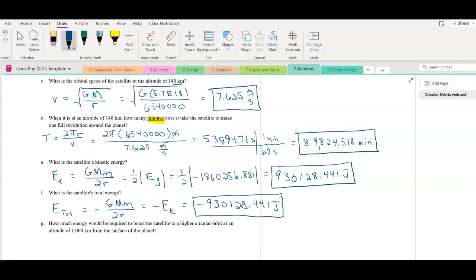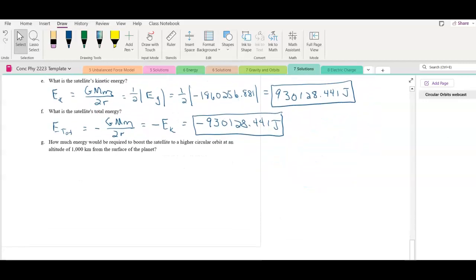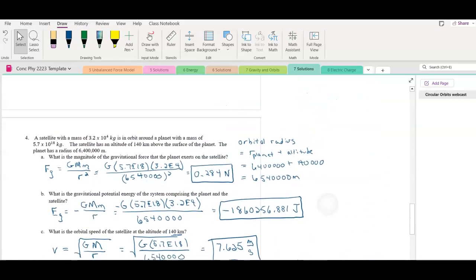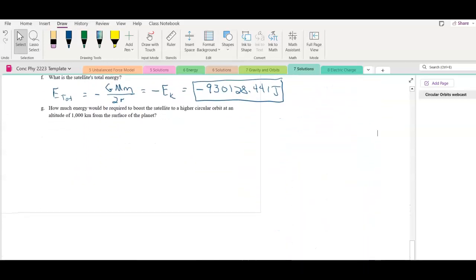Okay. And then the last one here is how much energy would be required to boost the satellite to a higher orbit. So we started at an orbit of 140 kilometers, and now we want to move it to an altitude of 1,000 kilometers from the surface of the planet. Okay, so what I want to find is the change in the total energy of the satellite.